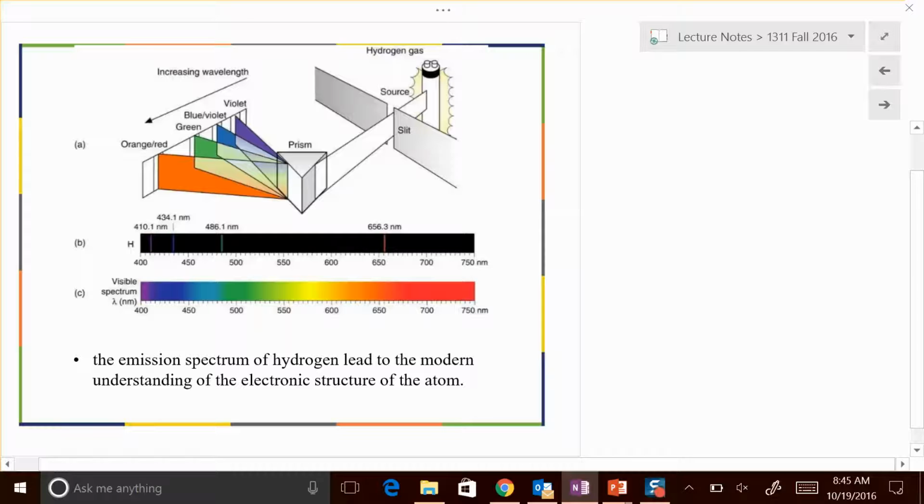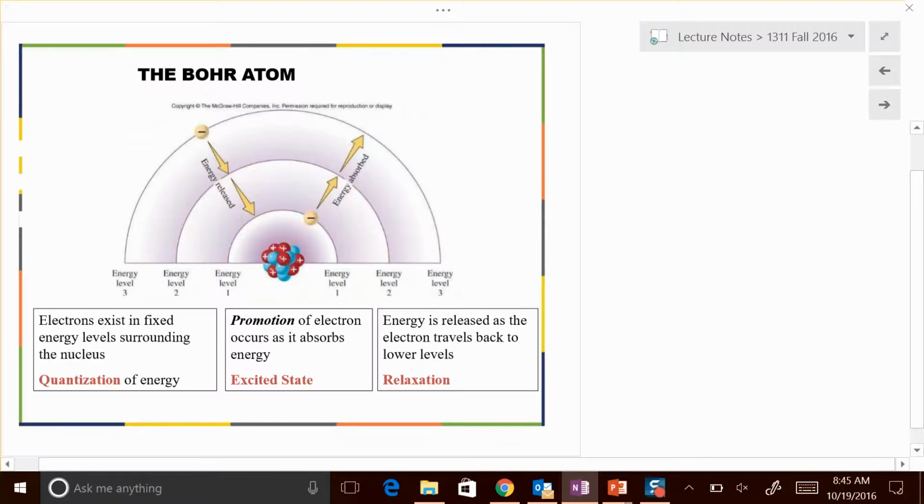Here you can see the light being split into its different wavelengths through this prism, because this white light is basically the whole spectrum of light, all combined. You can separate them out into their different wavelengths if you wanted to.